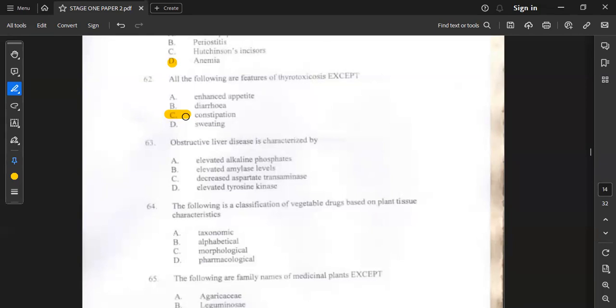Then treatment. What would be the treatment for hyperthyroidism? I'm not sure about the levels for T3, but I think they would be normal or maybe high.